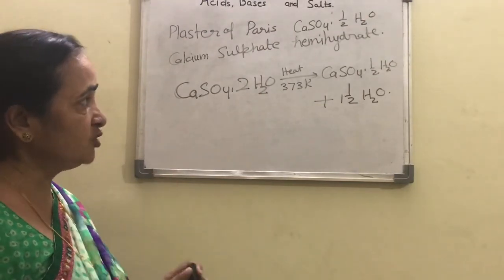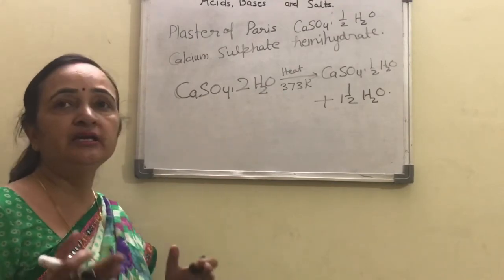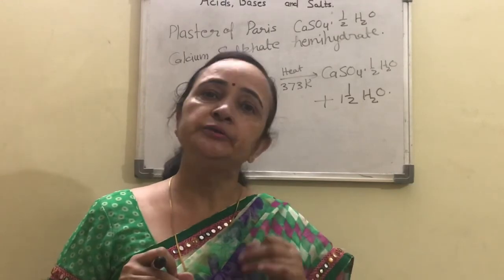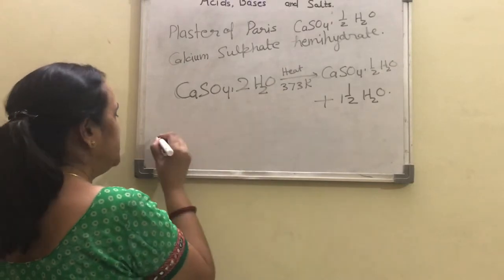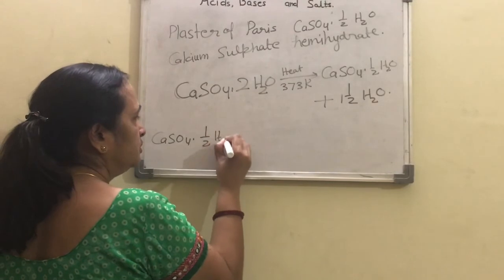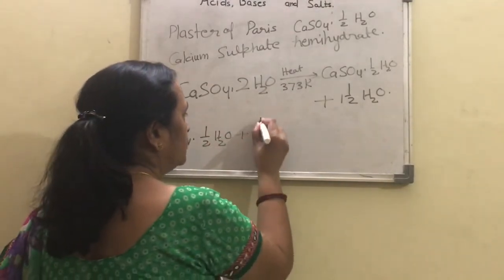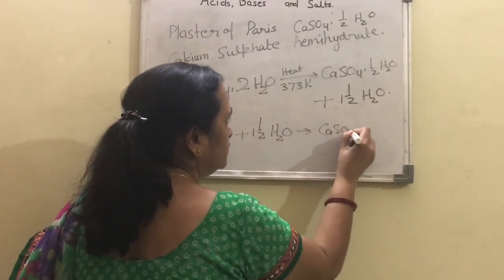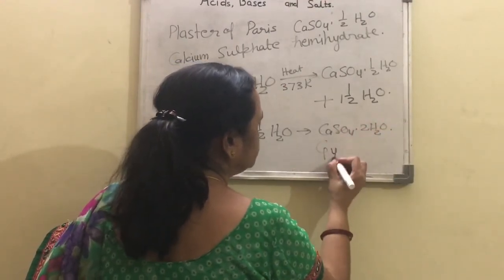Now this plaster of Paris is a white powder, and whenever water is added, it converts into the very hard substance which doctors are using. Okay, so we can write that this POP, CaSO4 dot half H2O, what we have to do, we have to add water in this 1.5 H2O, and then CaSO4 dot 2 H2O is formed, and this is gypsum.